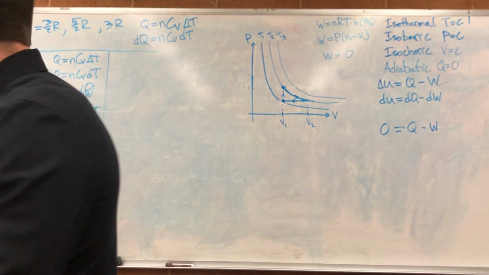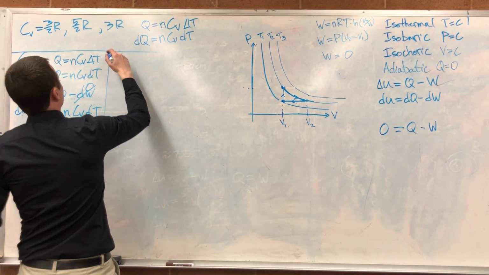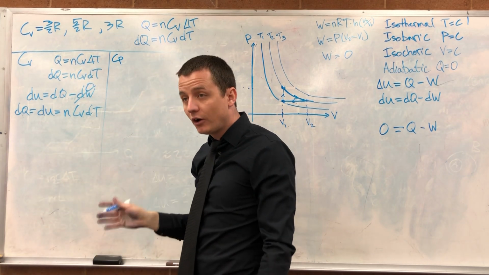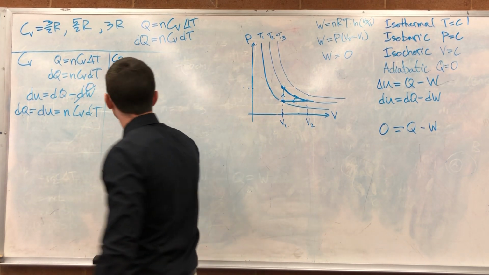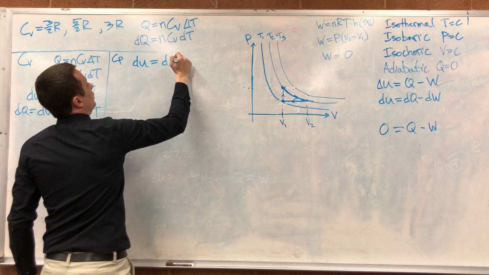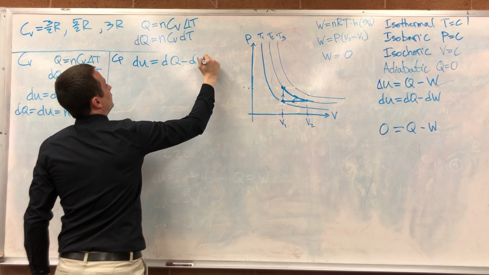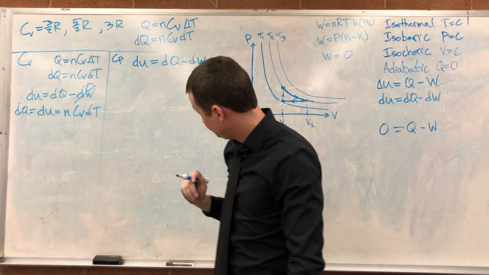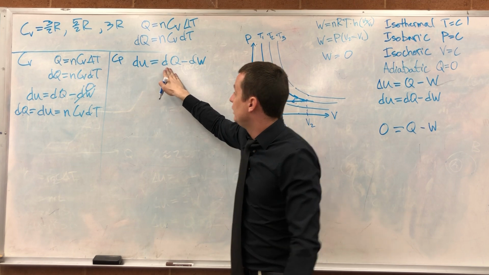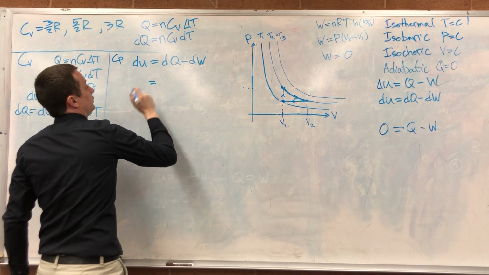Now come over here where we're in constant pressure land, so now volume can change. dU is still equal to dq minus dW in constant pressure land.